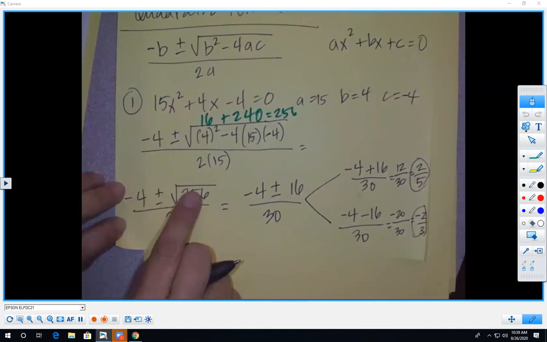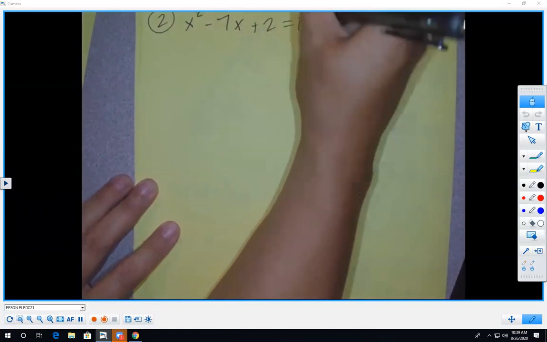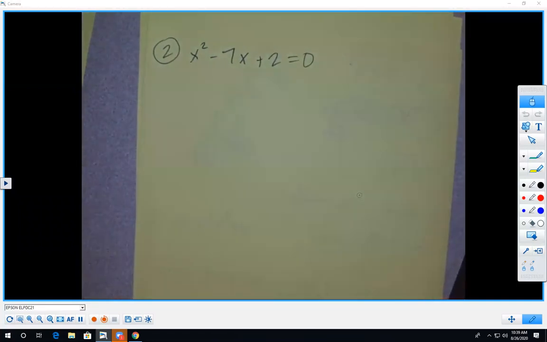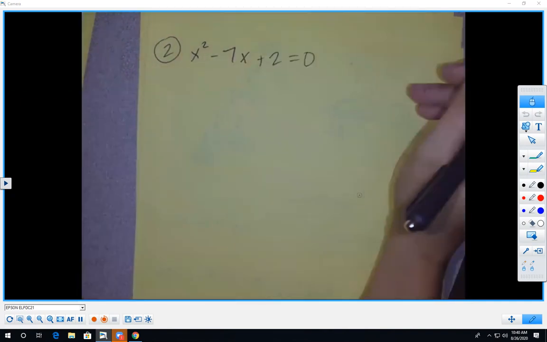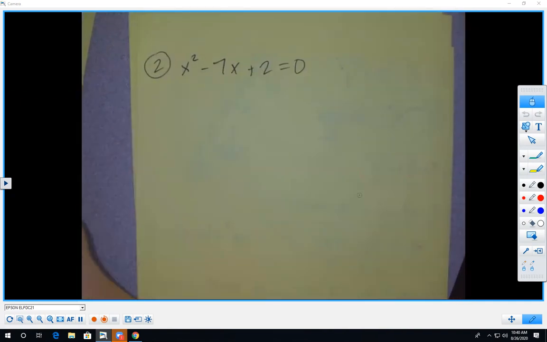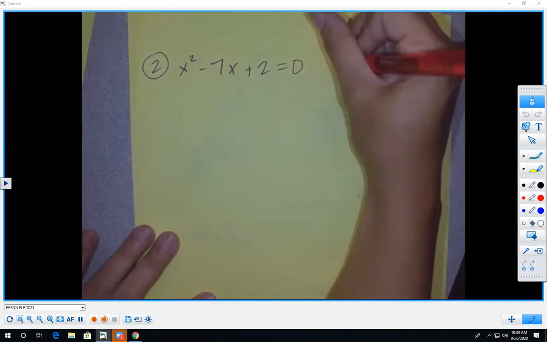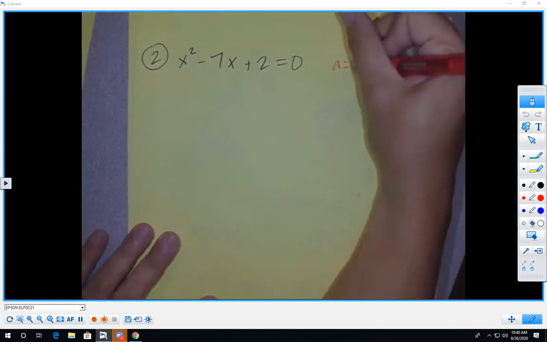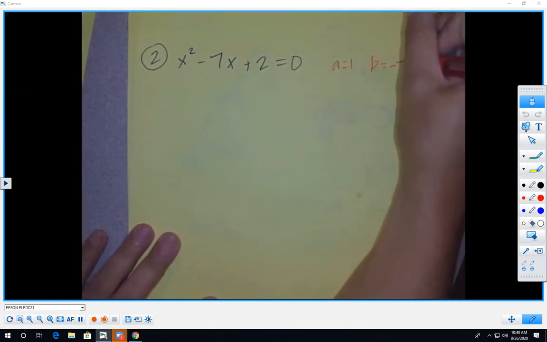Let's do one where we can't take the square root now. So if I had the problem x squared minus 7x plus 2 equals 0. Okay, so let's write what A, B, and C are again. What's my A value this time? 1. B is -7.